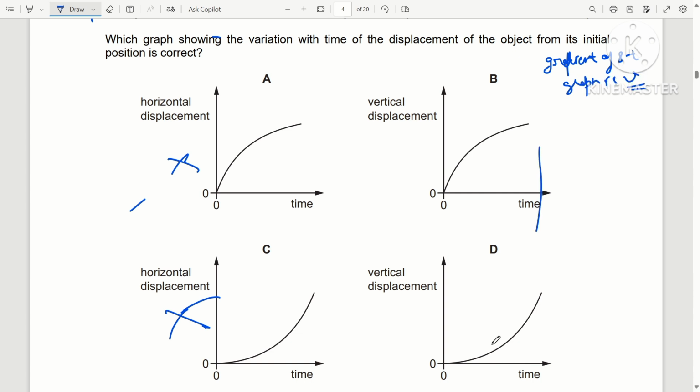So if you see this diagram, here the gradient is increasing with the passage of time, so option D is the correct one. So the answer will be option D.